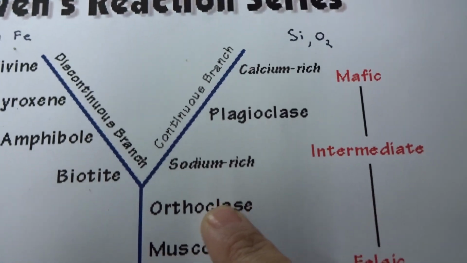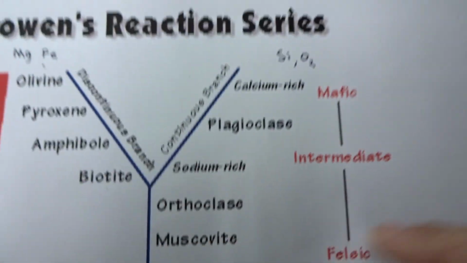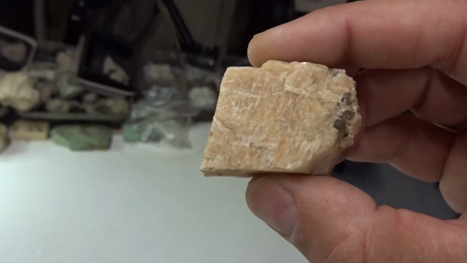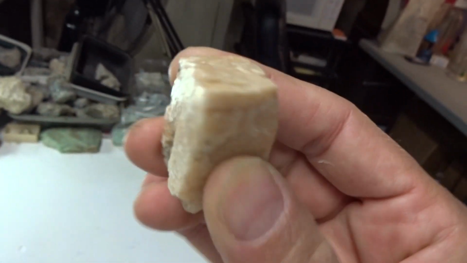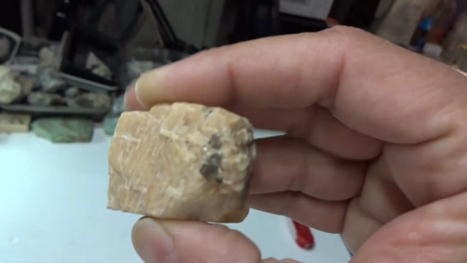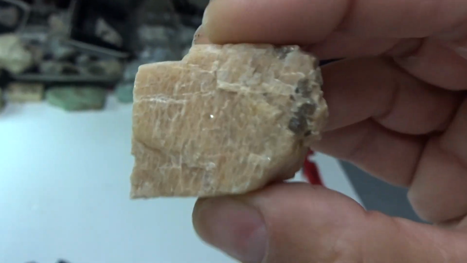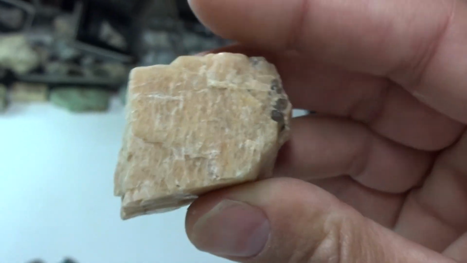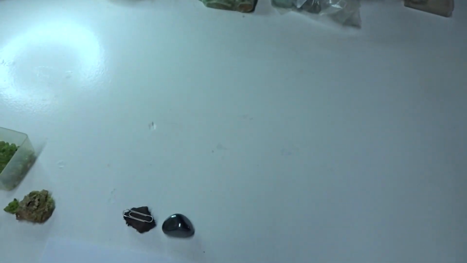Sodium rich. Orthoclase. Here's a specimen of orthoclase. It's potassium feldspar. Notice its crystalline structure around 90 degrees.